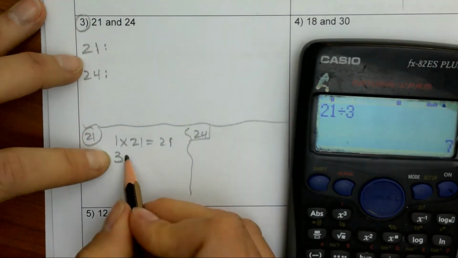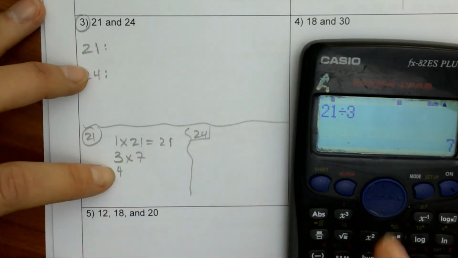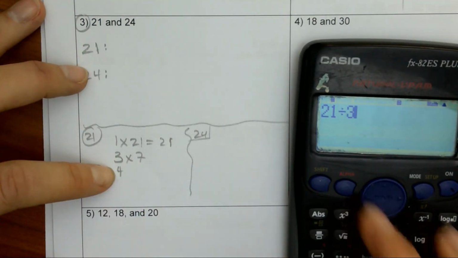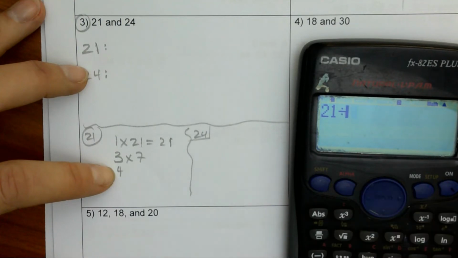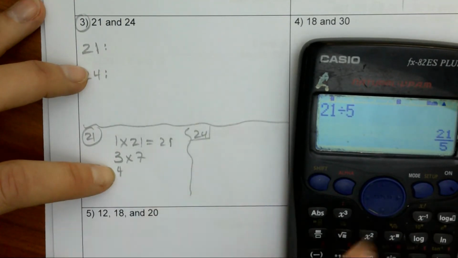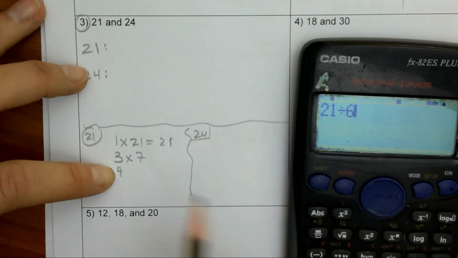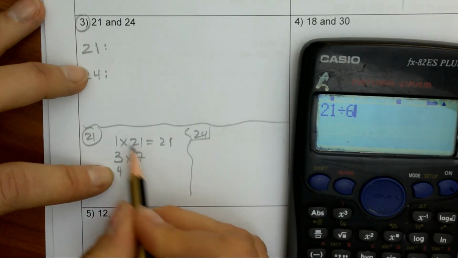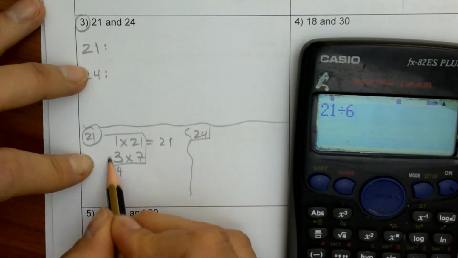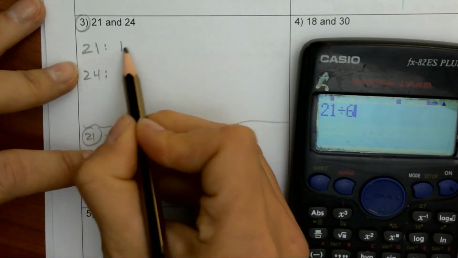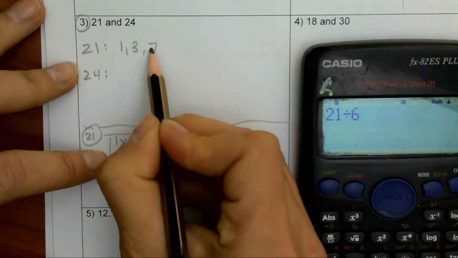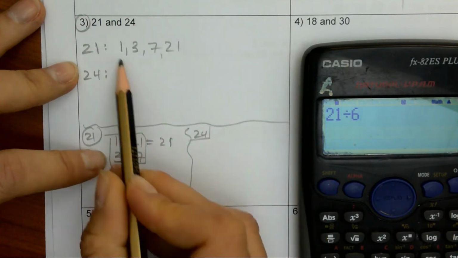Yes. What about 4? Let's try 4. No. 5? Well, it can't because it doesn't end in a 5 or 0. 6? No. 7? Yes, but we've already done 7. So these are our factors of 21: 1, 3, 7, 21. And we always write them from small to big.